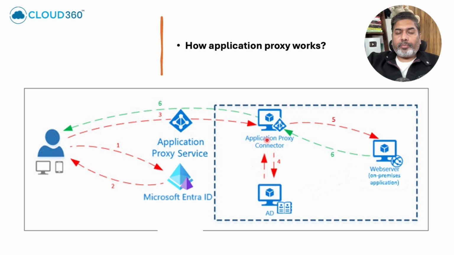Now the application proxy performs authentication on behalf of the user because it got the information about the user from there. And after that, this connector sends a request to the application. Once everything is correct, the web server will send the response to the connector, and through the application proxy service, the response will reach the end user and the user will be able to access that application.